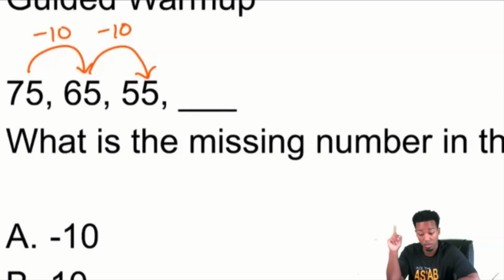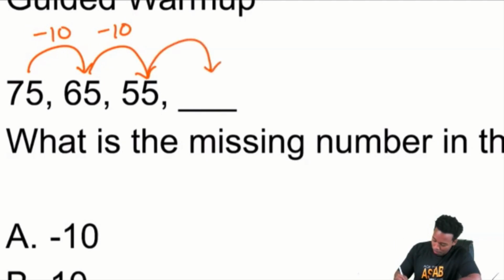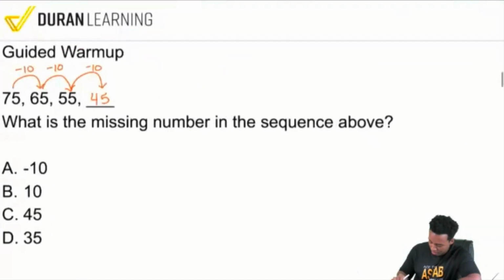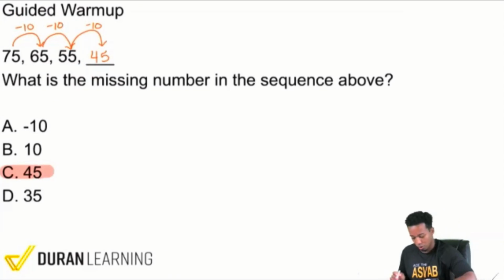Absolutely still true. And so because we found that the pattern for the first two terms works, it must work for the next. And so therefore, subtract 10 again, and that'll give us 45, making the answer D. Or excuse me, C, my bad.